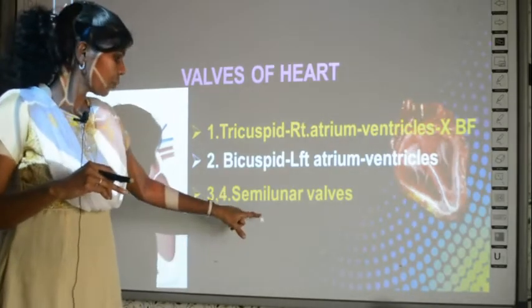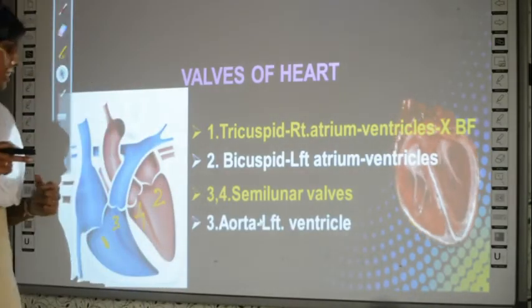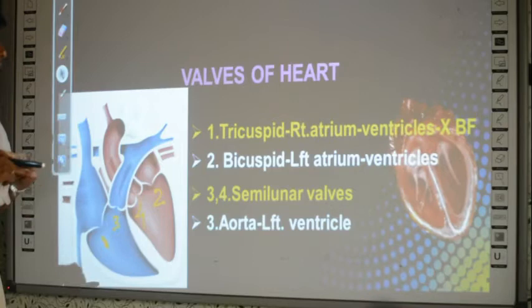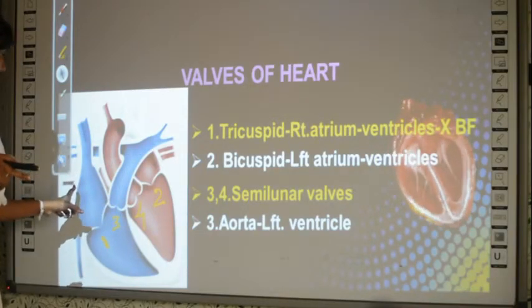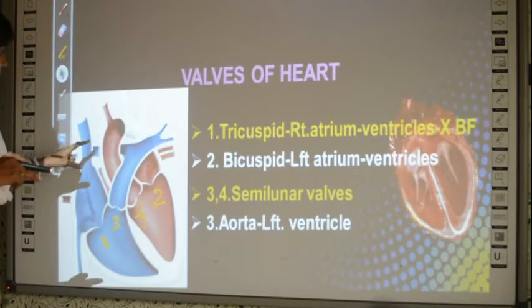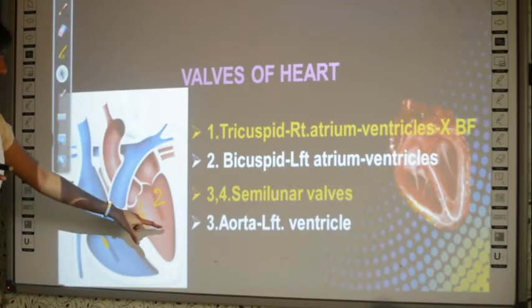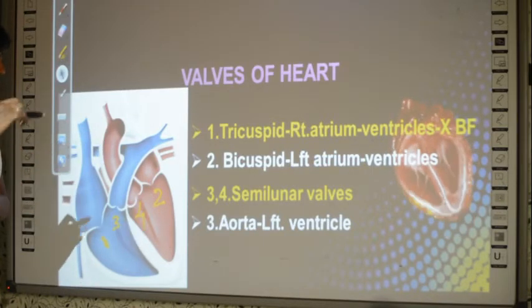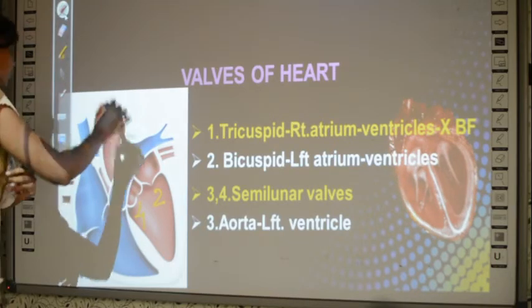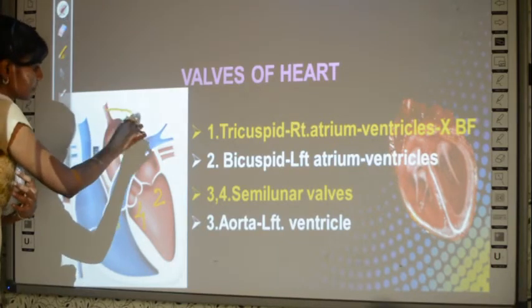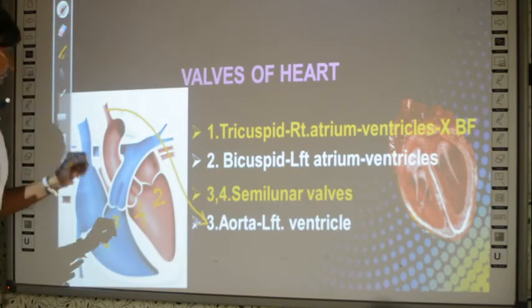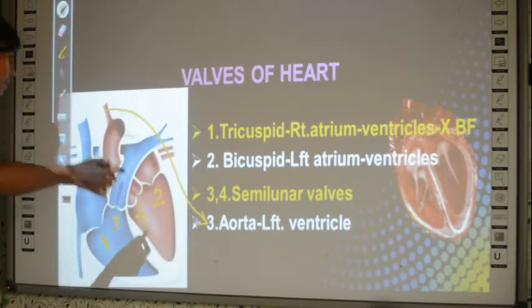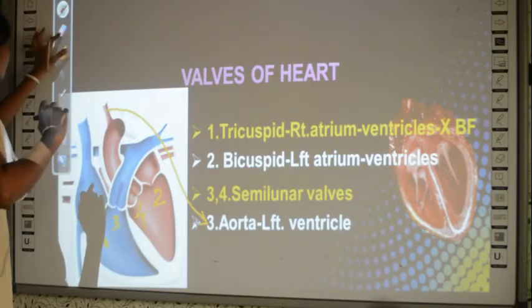Okay, so one semi-lunar valve is present between aorta and left ventricle. Which is aorta? Aorta is this one. This is left, right? So this is the aorta. So what did I tell you? One semilunar valve. This is number 3 actually.